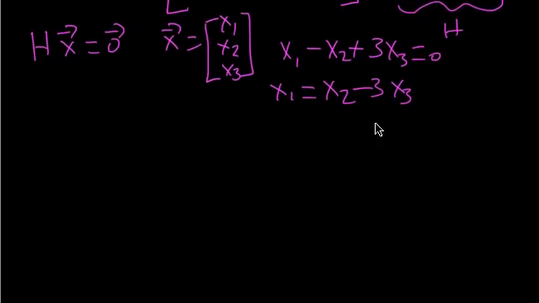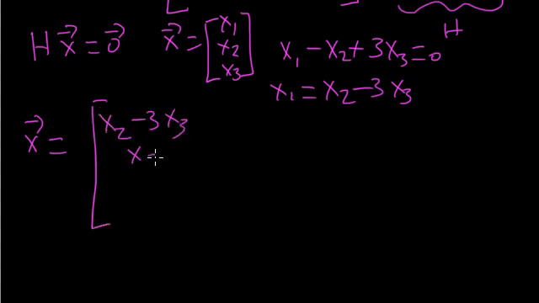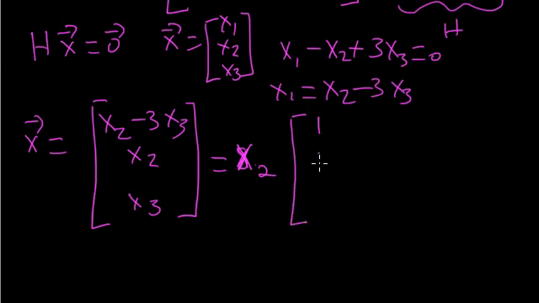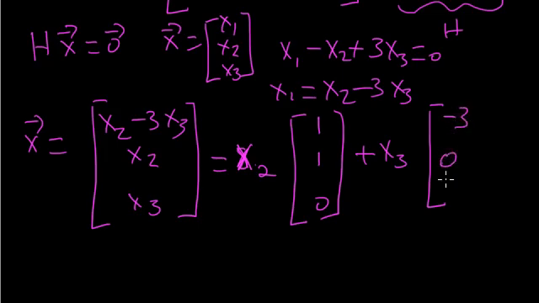So the vector x is of the form x2 minus 3x3, x2, and x3. So this is x2 times the vector 1, 1, 0 plus x3 times the vector negative 3, 0, 1.